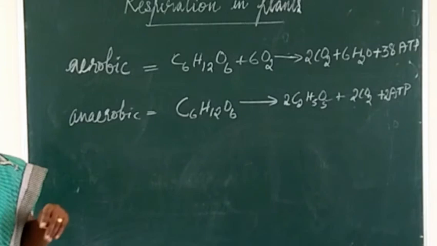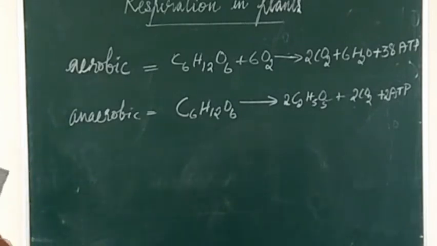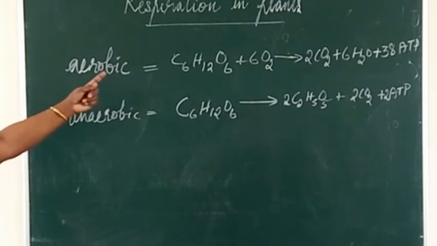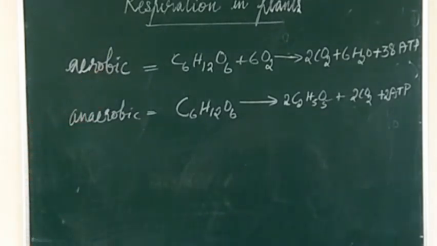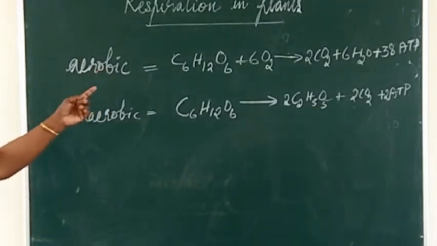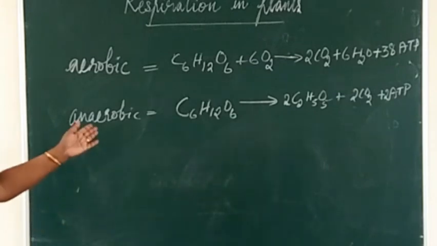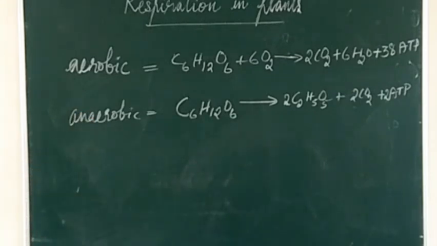Second, in aerobic respiration a complete breakdown of glucose takes place, whereas in anaerobic respiration an incomplete breakdown of glucose takes place.